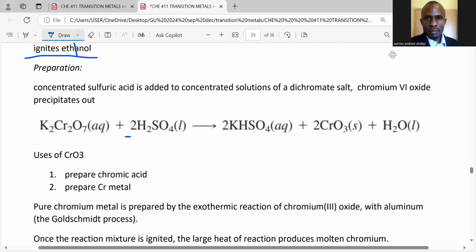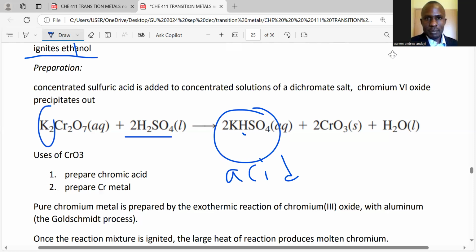Only that because this is a strong acid, it gives us an acidic salt. All of us know what an acidic salt is. You can see that hydrogen there. What else do we see clearly here is that it is sort of a displacement, such that potassium displaces chromium from its salt, something like that, but it's not really. Actually, what we are seeing is that potassium is kicked out from that salt.